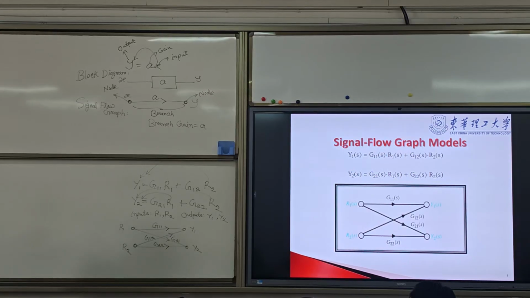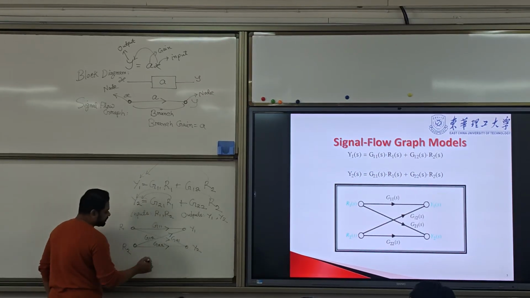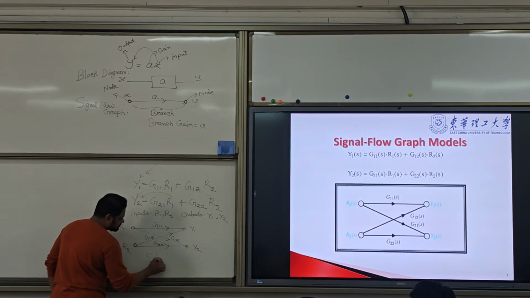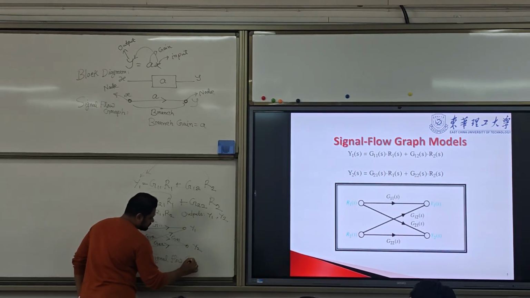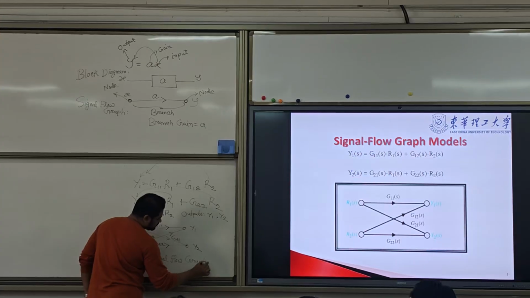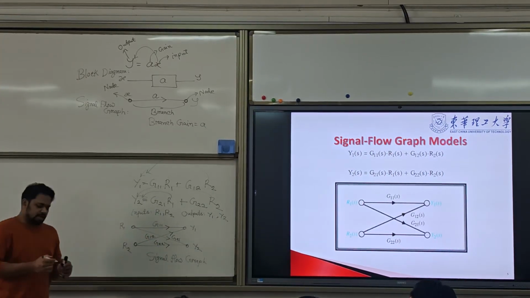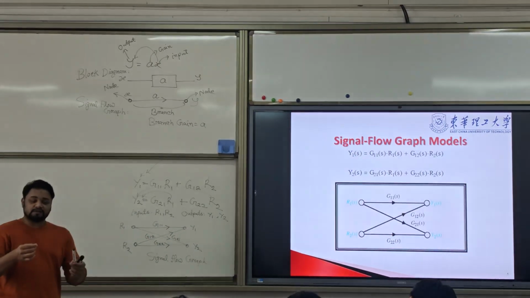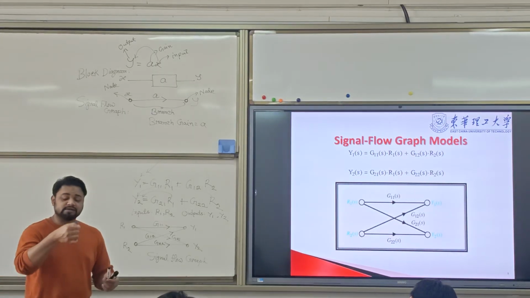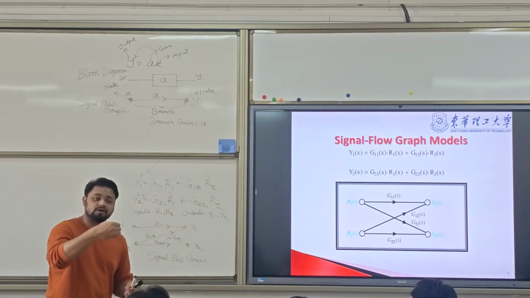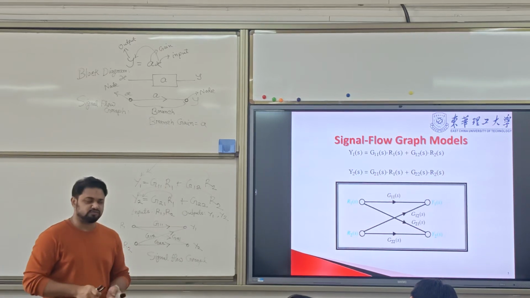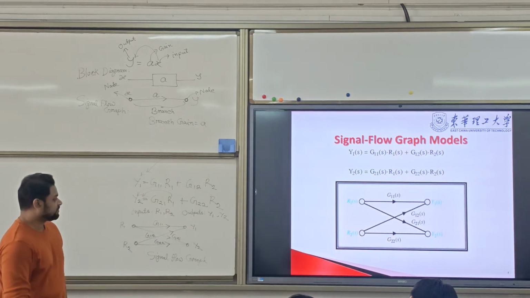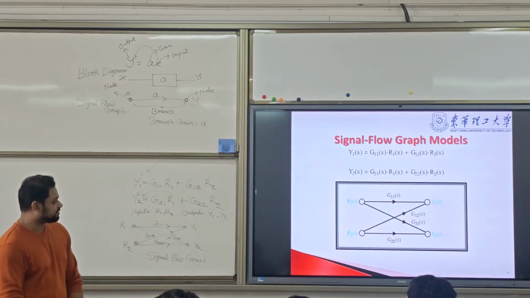This is the signal flow graph for these two equations. A signal flow graph is a graph that shows how the signal flows. So we have the signal flow graph.